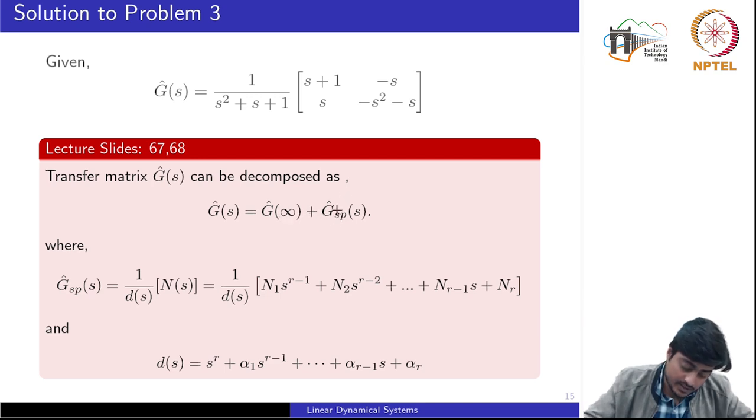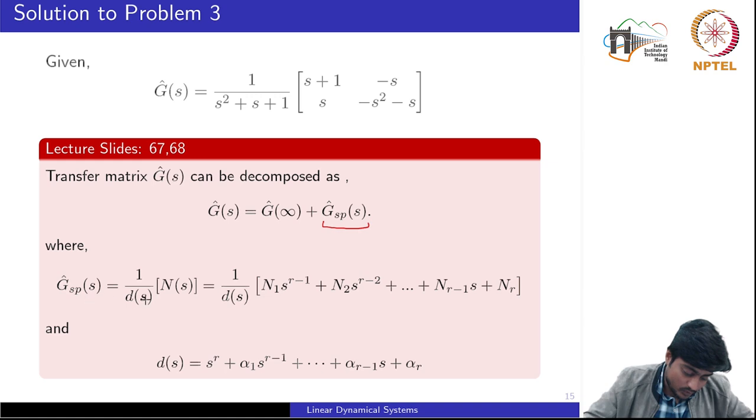The second part is the strictly proper part, meaning the order of the numerator is definitely less than the degree of the denominator polynomial, and g hat infinity is the value of the transfer function when s approaches infinity.